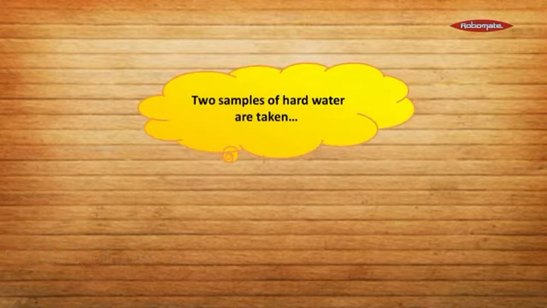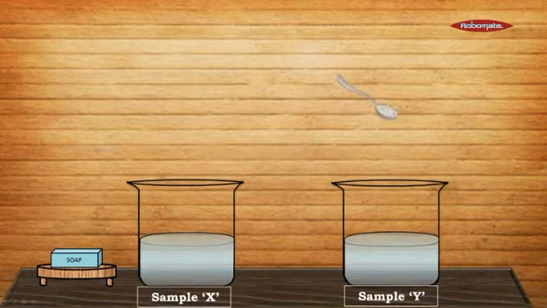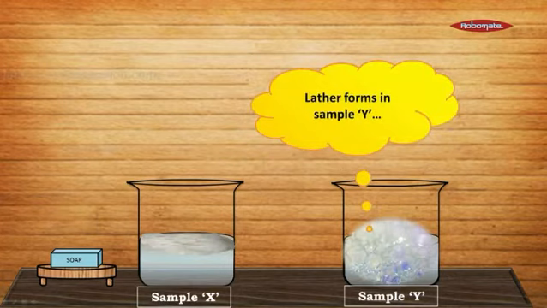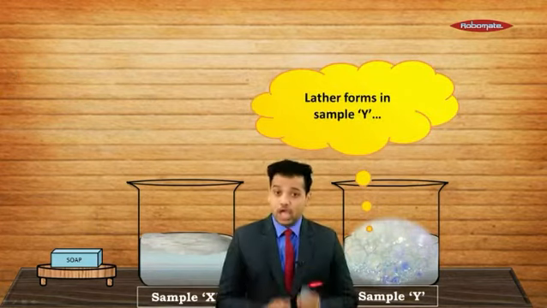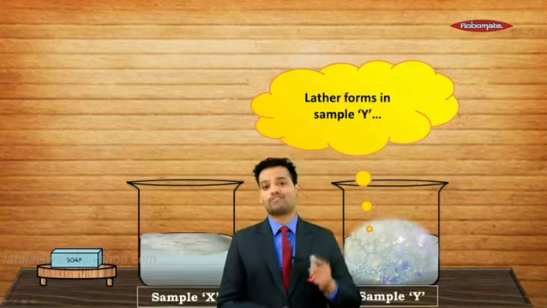So let's see with the help of this experiment. Two samples of hard water are taken, very simple. Hard water sample A, hard water sample B. What we are going to do is for soap, we are going to use sample X and detergent for sample Y. You clearly saw in sample Y, using a detergent, easily there is a lot of lather.